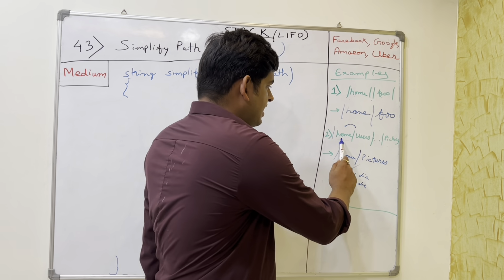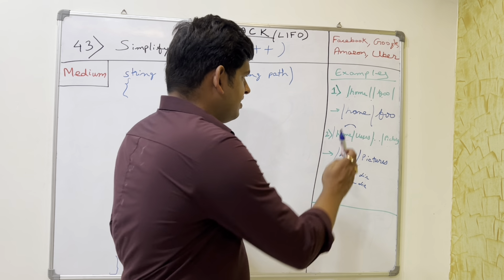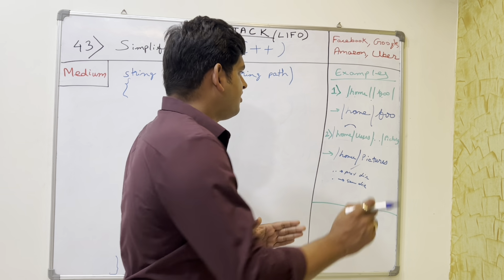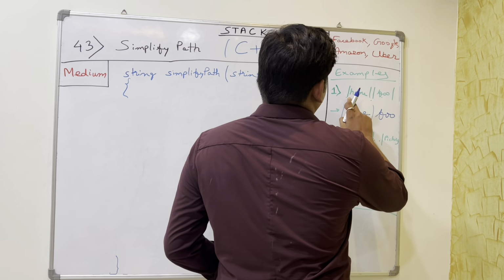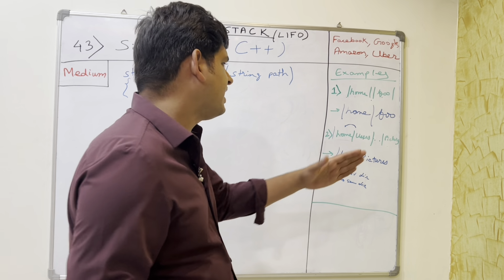If I insert all of this into a string, it always starts with a slash, right? We can ignore the next slash because we already have one, or we can add it.